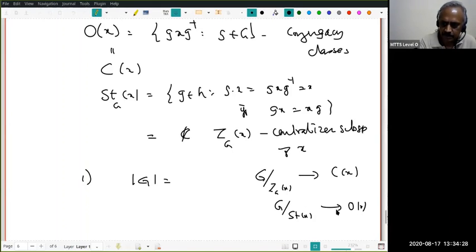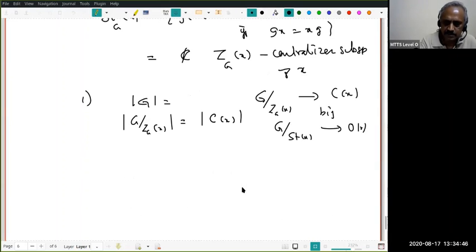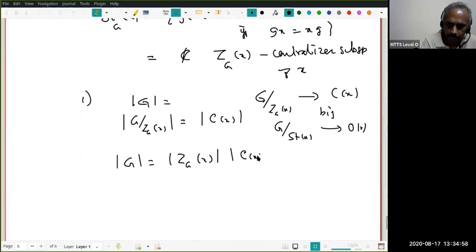We had already seen this bijection. Therefore, |G| divided by |Z_G(x)| should be equal to the number of elements in the conjugacy class. All right. Therefore, |G| equals... Is this clear?